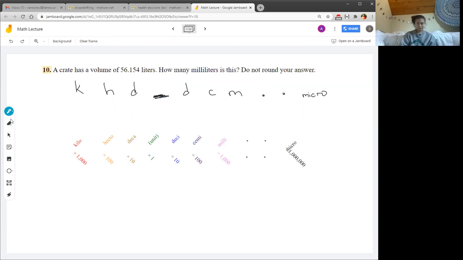Okay, so with that, this is what you might actually write on your paper. So let's do this one now, written so that it looks like a student's pencil and paper. So our plain unit in this case is liters.